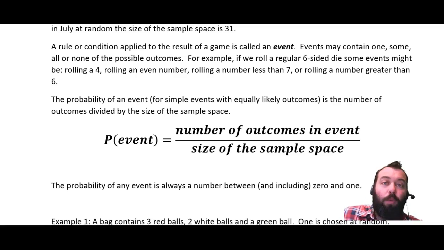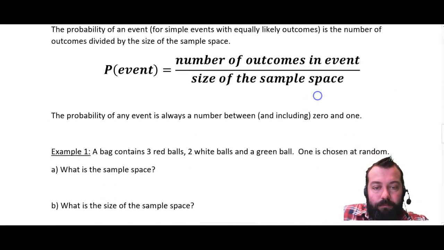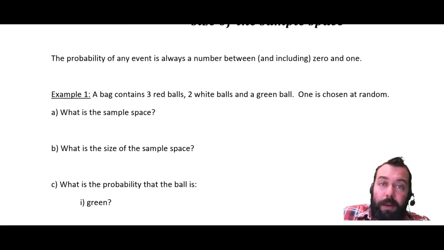It could be 1, that would mean it's certain, it's definitely going to happen. Roll a dice, what's the probability that the number is less than 7? There are 6 outcomes in that event, 1, 2, 3, 4, 5, and 6, and the size of the sample space is 6, so it's 6 divided by 6 equals 1. So the probability is always a number, maybe a fraction, maybe a decimal, maybe even a percentage, somewhere between 0 and 1.